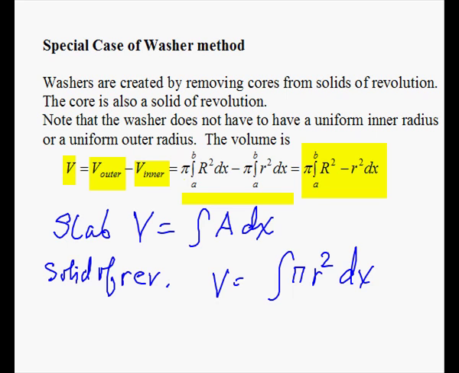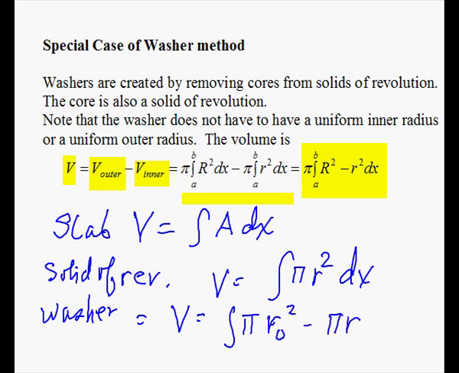And now for the washer, it's the difference of two solids of revolution. So it's the integral of pi times the outer radius squared minus pi times the inner radius squared dx.